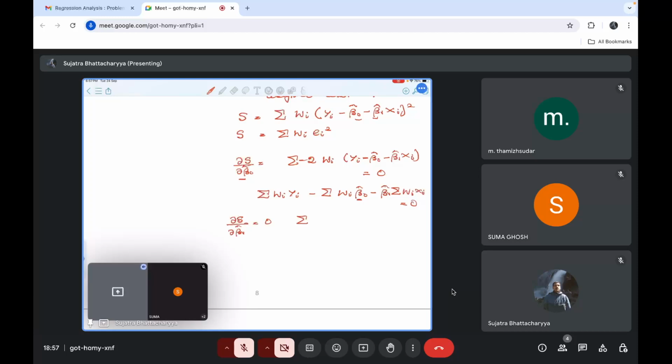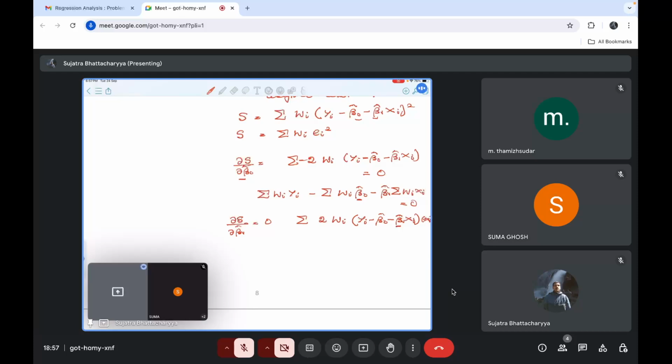So it is 2 Wi, and this Wi is not differentiated with respect to beta, these are constant values, times (Yi minus beta naught hat minus beta 1 hat xi) into minus xi, because we are now differentiating with respect to beta 1 hat.